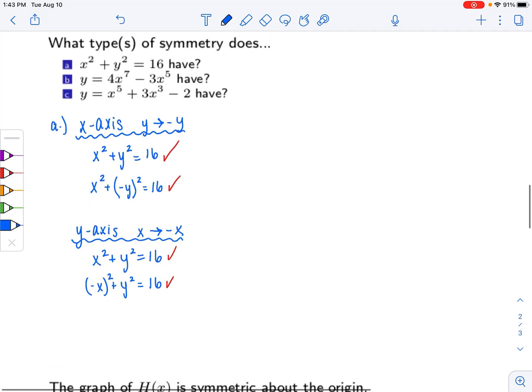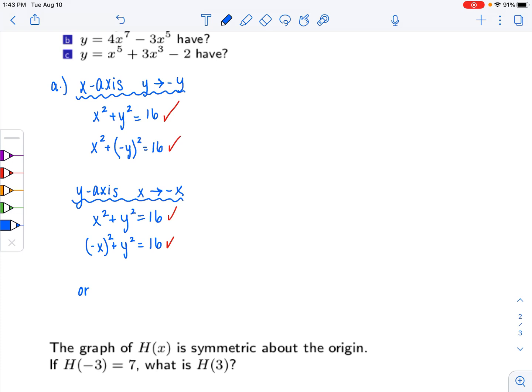There's one more I need to check, which is origin. For origin, both have to change. X goes to negative x, y goes to negative y. Take your original equation. This is true. We know it's true.